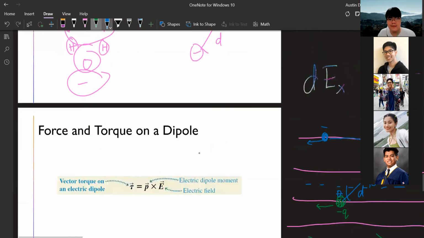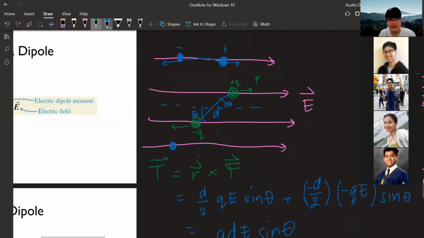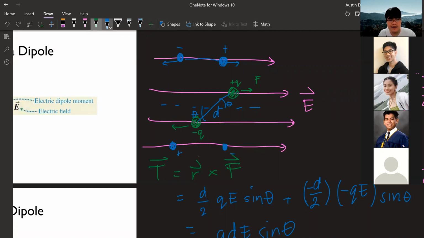How about yung kabilang configuration naman? Kapag nakandito yung positive dito, tas negative dito, ang force na mararamdaman ng plus would be going to this way, and the negative charge would be going to this way. So very unstable siya. Pwede siyang, pag nausog mo lang siya ng onte, iikot siya pa ganun or pa ganun. Okay? And same for the other one.